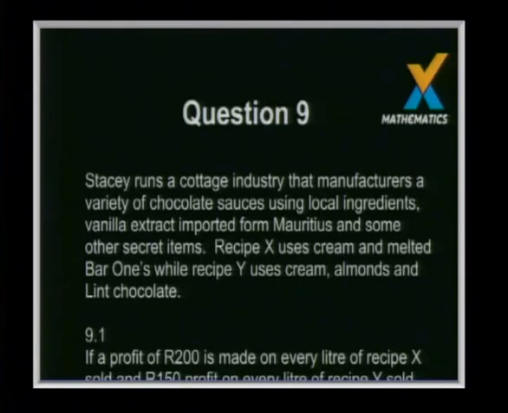Here we go. Stacy runs a cottage industry that manufactures chocolate sauces. Yum. Vanilla extract from Mauritius and some other secret items. Recipe X uses cream and melted bar ones. Recipe Y uses cream, almonds, and Lindt chocolate. Lovely question. Makes us rather hungry though.